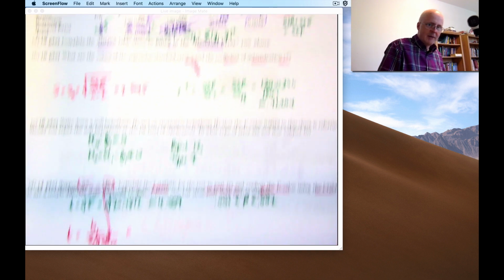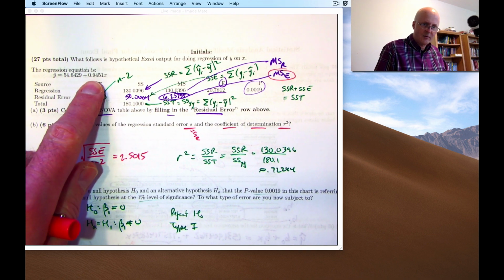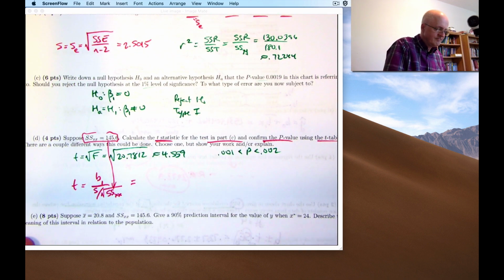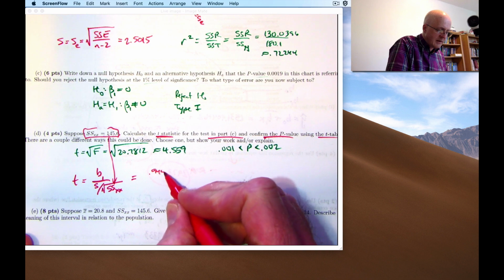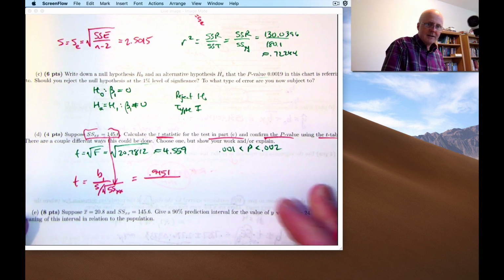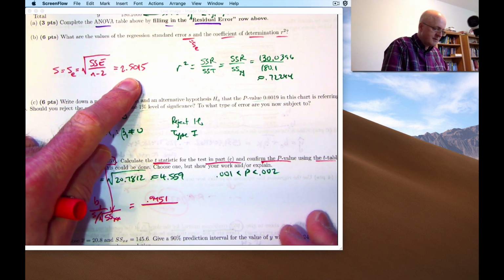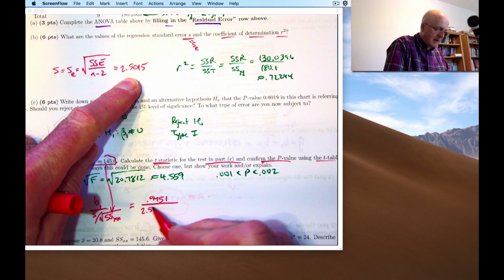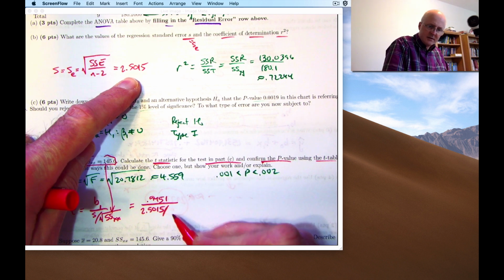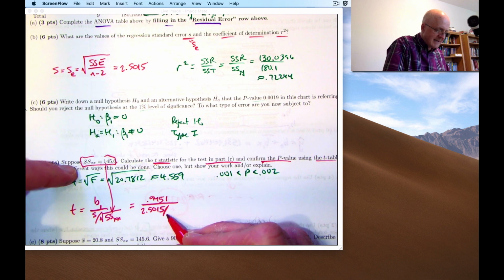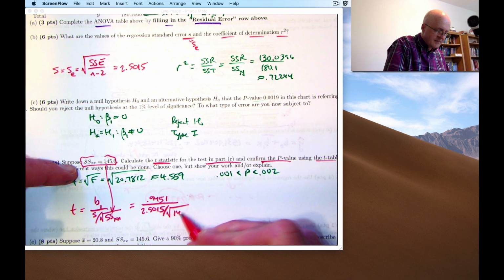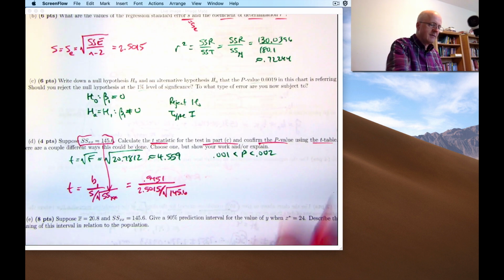So B1, going back up here, is 0.9451. S, which we found in part A, is 2.5015. I'm sure because of rounding, these numbers are going to be a little different here. SSXX is 145.6. So that's the calculation to do.